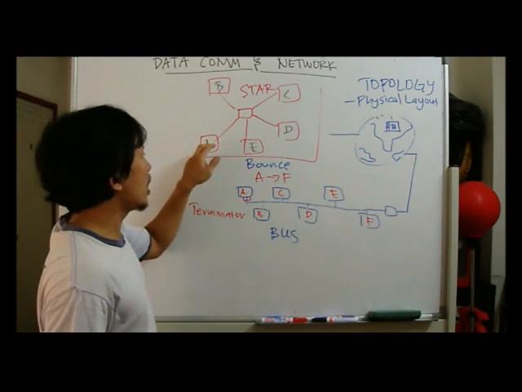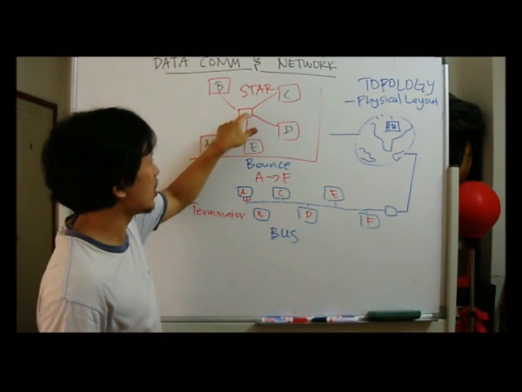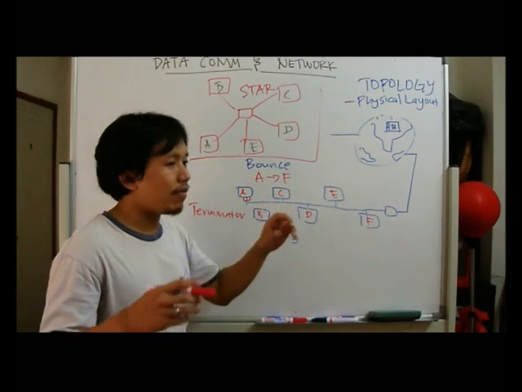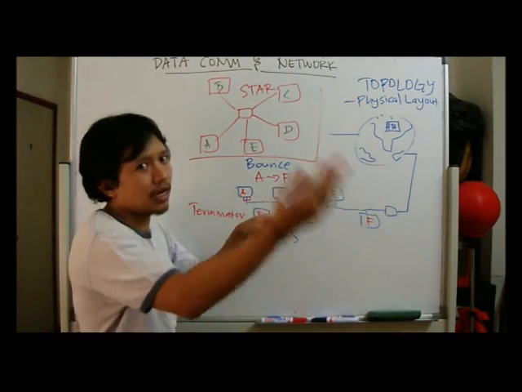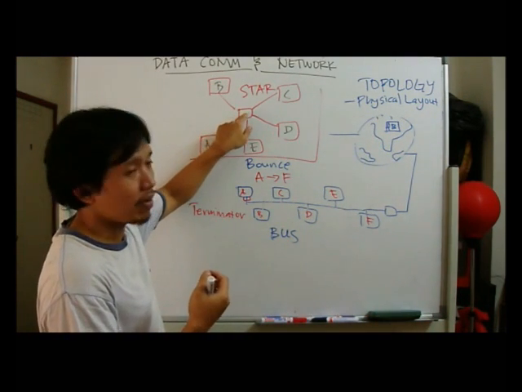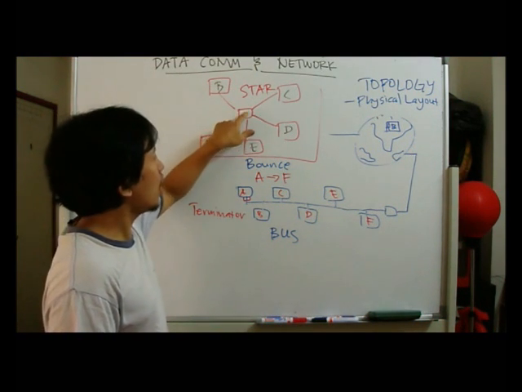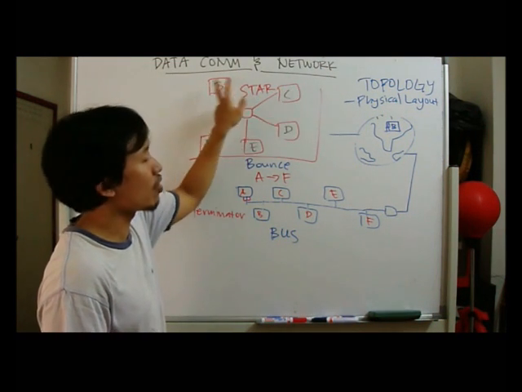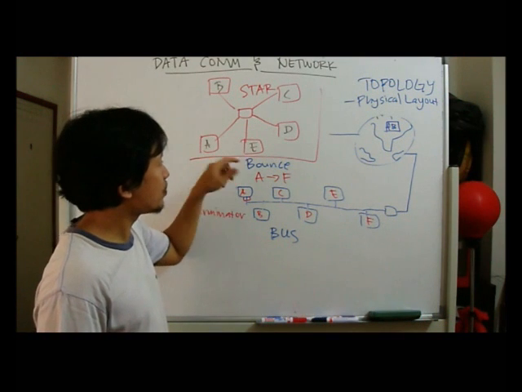Let's say A wants to send; it will just send to a central hub, and it gets sent to everyone immediately. In the bus, everyone has the ability to bounce data, meaning they need to amplify it and send it to the next person. Here, not really. You just send the data, the hub at the center will amplify it and send it to everyone. If A wants to send to E, the data will get sent to everyone, and everyone just says this is not for me. E will then take it. So there's no problem of bouncing.